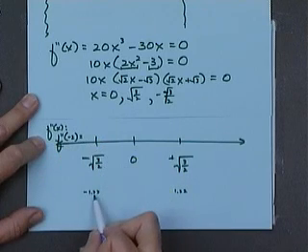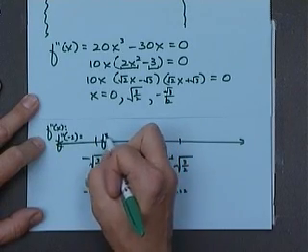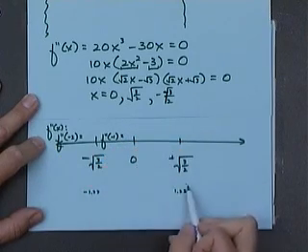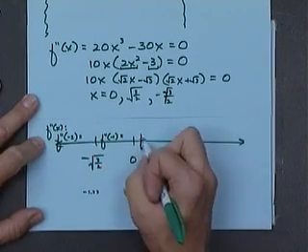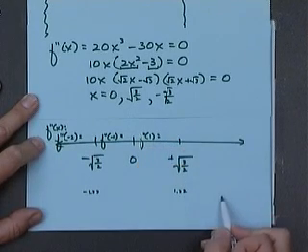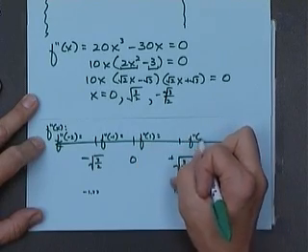We would pick a value between these two. Negative 1 is in there. Pick a value between 0 and this value. Positive 1 is in there. And pick a value larger than square root of 3 halves. Looks like 2 is out there.